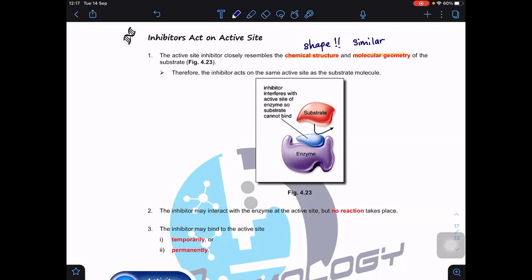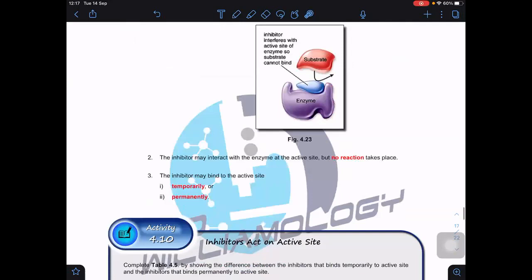So when they bind to the active site, what will happen? Because they bind to the active site, generally no reaction takes place. They may interact with the enzyme, but no reaction takes place. But with the binding of the inhibitor to the active site, the substrates cannot bind to the active site. You reduce the chance for the substrate to bind.